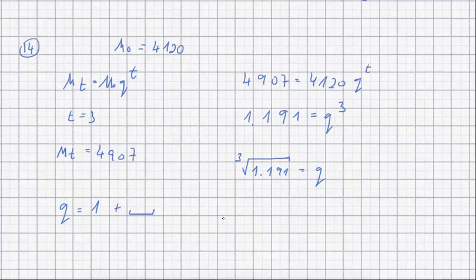So in the calculator, you should do 3, and then you have this sign, which is shift something, and then you put this number.